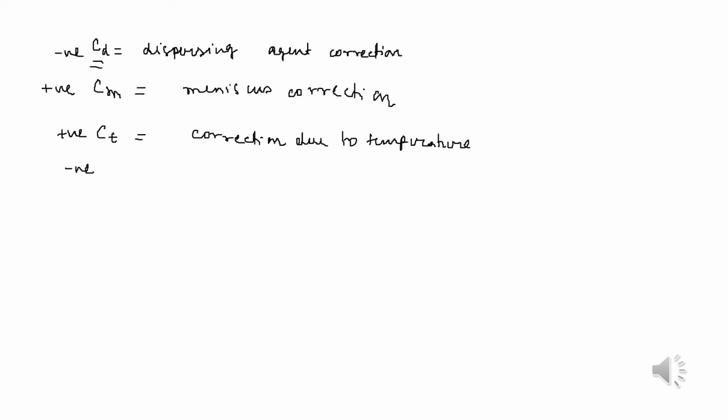So these are the different corrections that need to be considered, which give rise to the corrected hydrometer reading, which we represent as RC, which is equal to RH, the observed hydrometer reading, plus the meniscus correction, minus the dispersing agent correction, and depending upon the test temperature in reference to the standard temperature, we add or subtract the temperature correction, right?